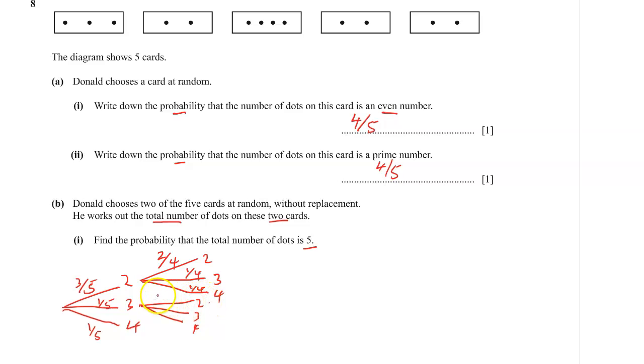The probability of this one will be 2 over 5 and a quarter. No, 3 over 4. Then for 4, there's no card you can add to 4 to get 5. So we are going with this and this.